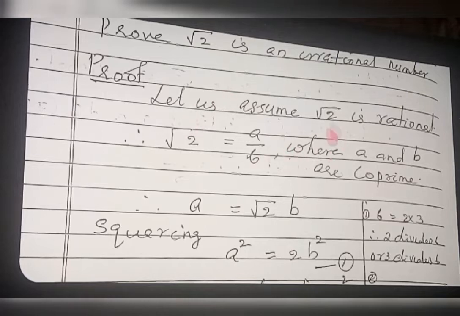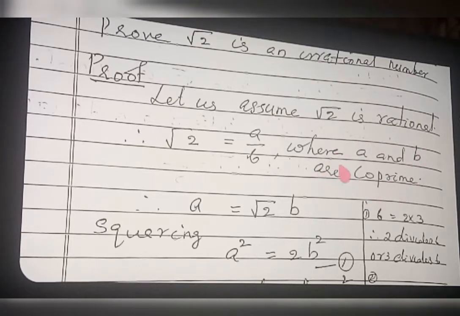Listen, go through the method. Let us assume root 2 is rational. We take an opposite statement. Here we want to prove irrational, so we take a statement against it. That means we suppose that root 2 is rational. Knowing the property of rational numbers, every rational number can be expressed in the form a by b or p by q, where a and b are integers and they are co-prime.